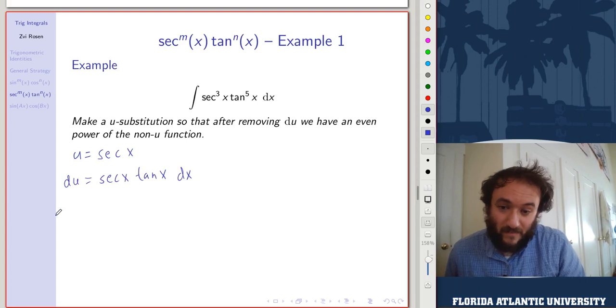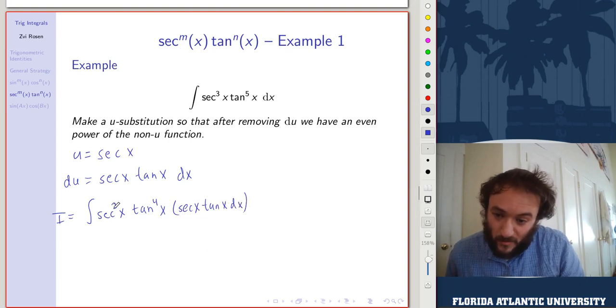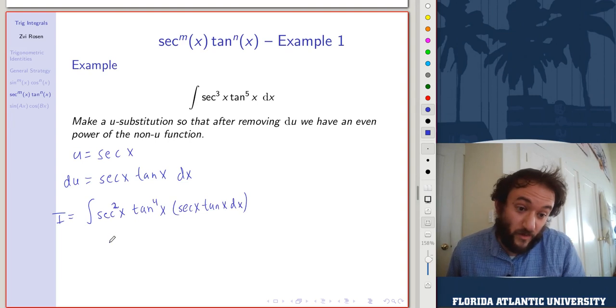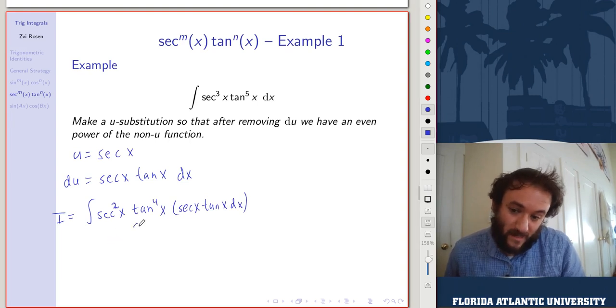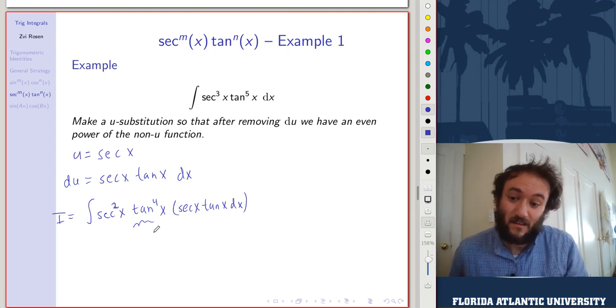Okay, and that would mean that the integral becomes the integral of secant squared x tan to the 4th x times secant x tan x dx. And this actually looks pretty nice. We have an even power of both functions. All we need it for is the tan, because we need to convert the non-u function, i.e. the tan, into the u.